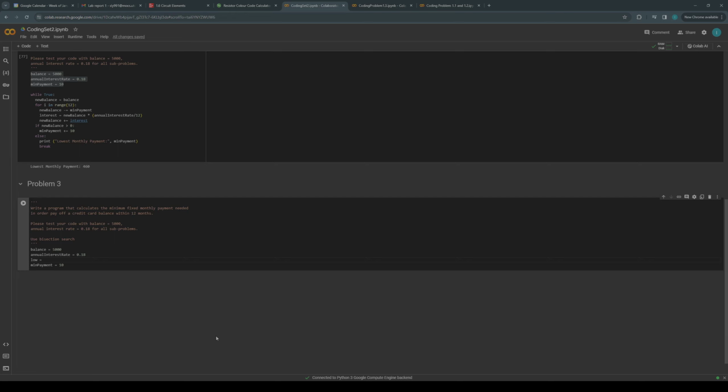The low boundary, the lowest minimum payment we possibly could do is assuming we had no interest.